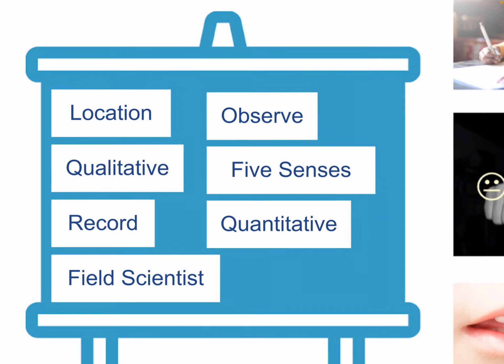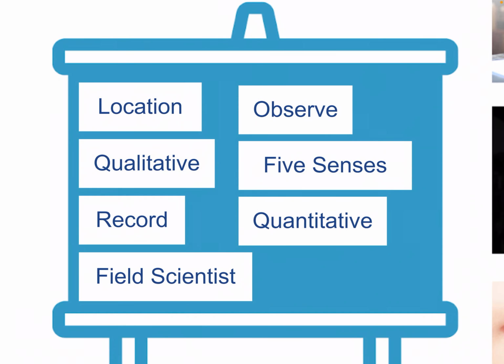So our words, we're going to read these 2 times. The first time, I just want you to listen and follow along as I read across. Location, observe, qualitative, 5 senses, quantitative, field scientist. Take a moment, read those words to yourselves.